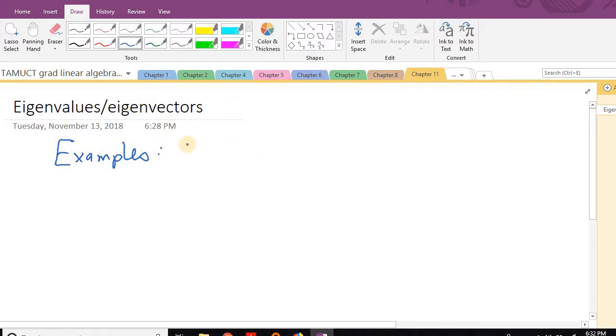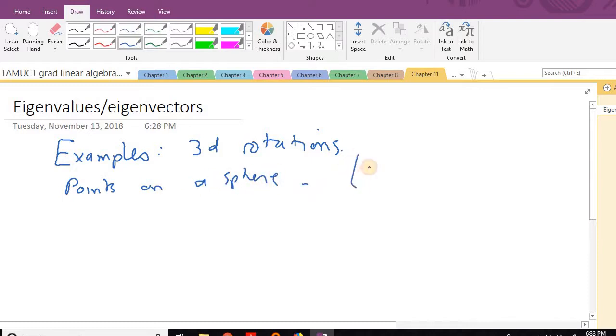So I'll say 3D rotations. So the points on a sphere I can write as x, y, z.